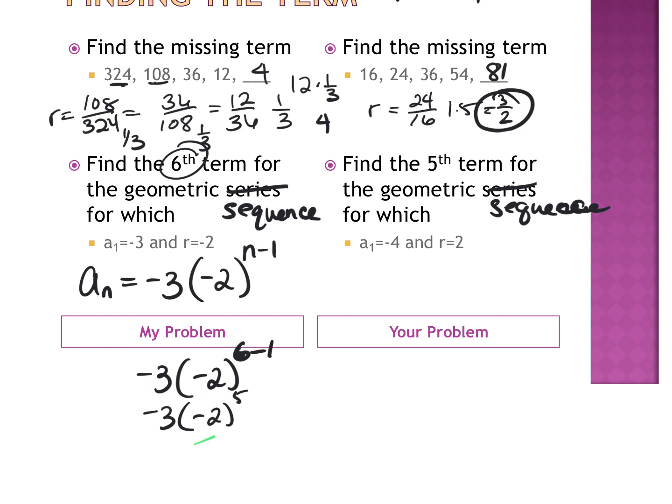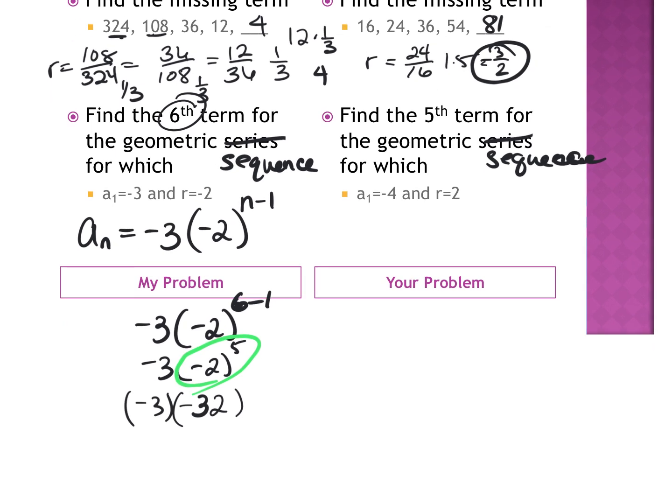Remember, exponents come before we multiply, so -2 to the 5th is -32 times -3 becomes +96. So A6 is 96.